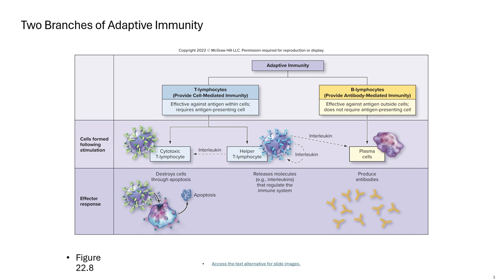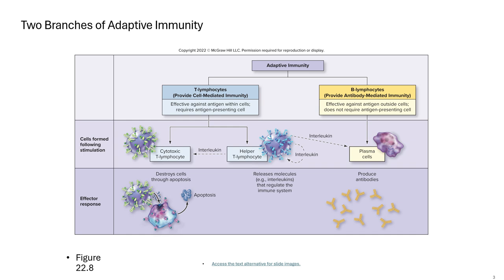It has to be shown to an immune system cell, and then the immune system cell can respond to it, right? So it's not that it's just recognizing it floating out in the circulation. It has to be presented to an immune system cell, right? So this is going to involve primarily our T cells, and we'll talk about a few different types.